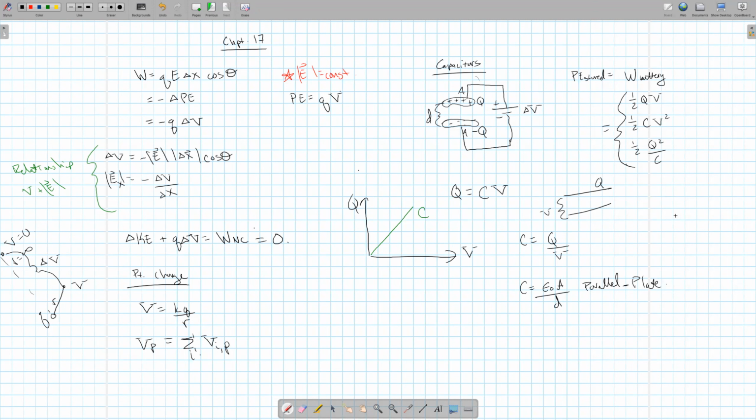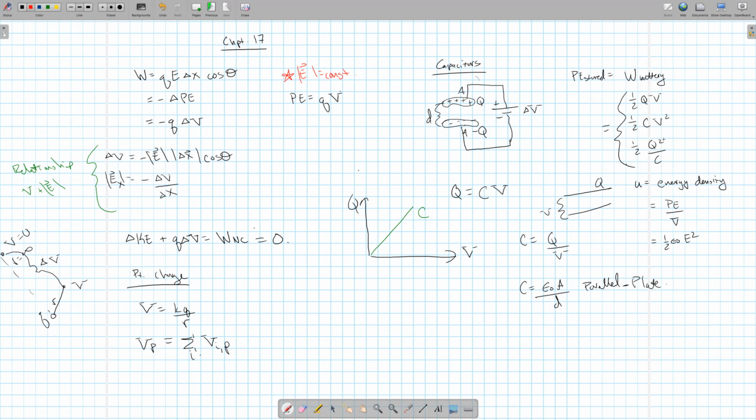So going back to the energy, we can also find what's known as the energy density, which is the potential energy per unit volume, equal to 1/2 of epsilon naught times the electric field squared. So basically, the energy is stored in different quantities according to each one of these.